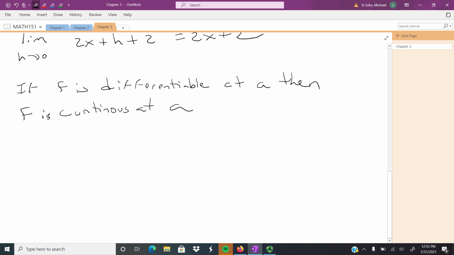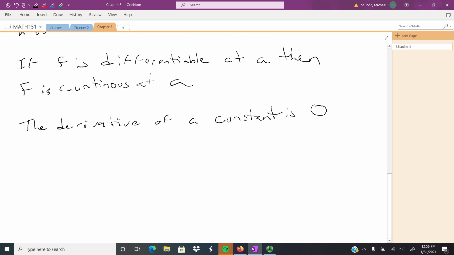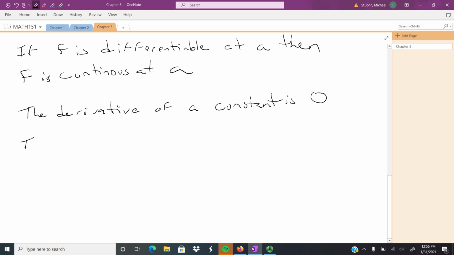So a few of the rules then. First off, the derivative of a constant is 0. The derivative of x to the n is going to be n x to the n minus 1.